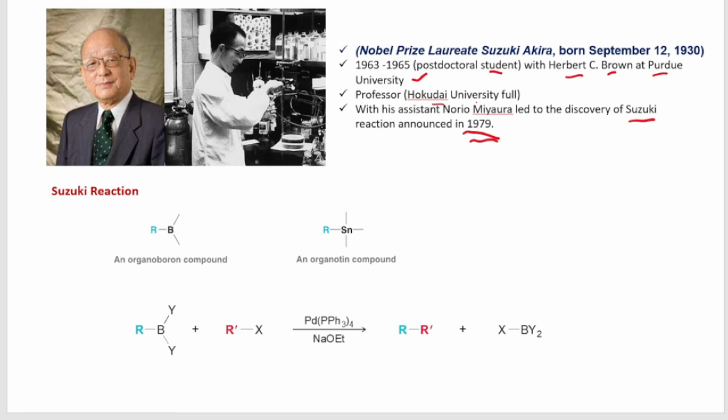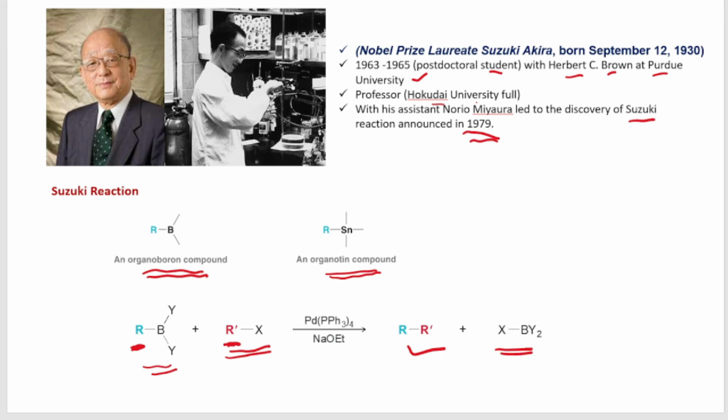There are two differences between the Stille reaction and the Suzuki reaction. In the Suzuki reaction, you use organoborane compounds, while in the Stille reaction, you use organotin compounds. You can see the organoborane or organoboron compound reacting with an organic halide, and now this R will bind with this R prime and give you the final product.